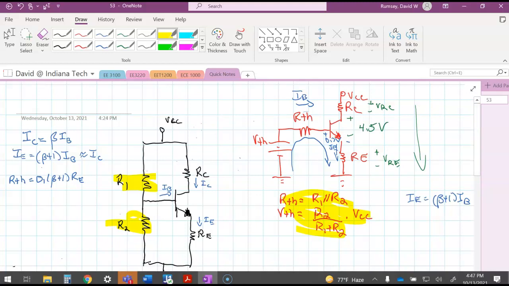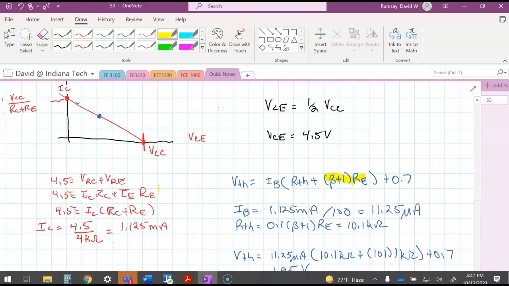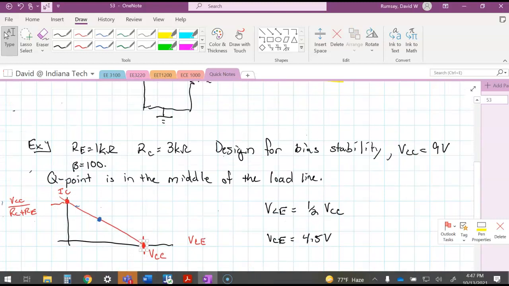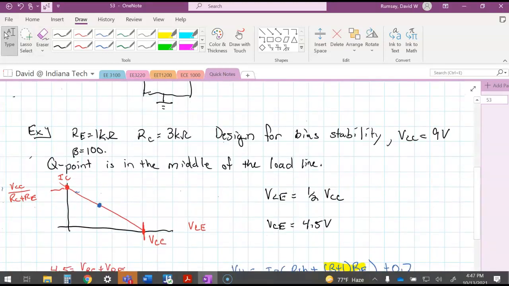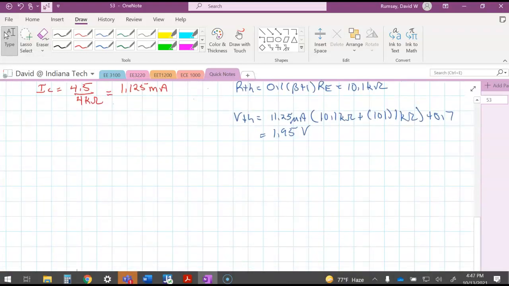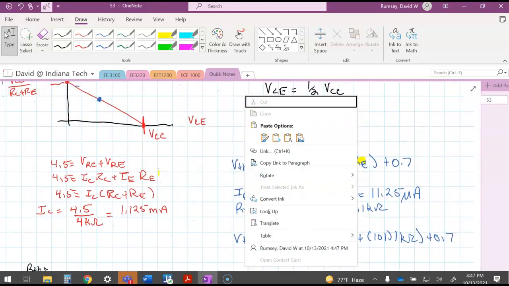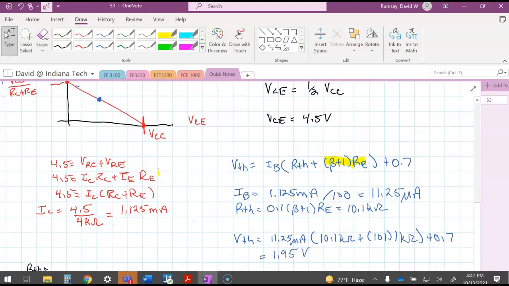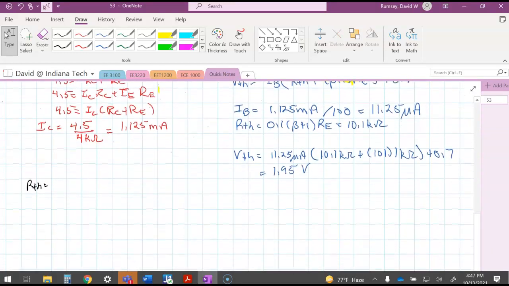How are we going to do that? Well, let me show you. We're going to use the fact that R Thevenin is equal to the resistors in parallel: R2 times R1 over R2 plus R1, or R1 plus R2, doesn't matter.